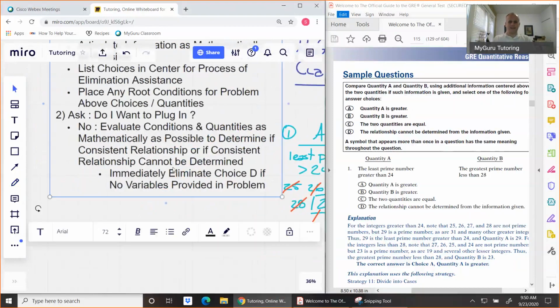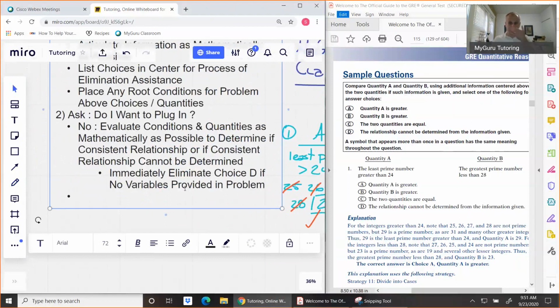So then we talked about this asking, do we want to plug in? So if no, we've got the approach right there. Now, sometimes the answer is yes.